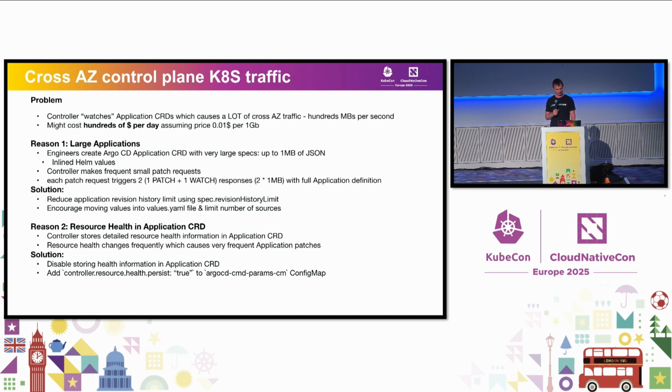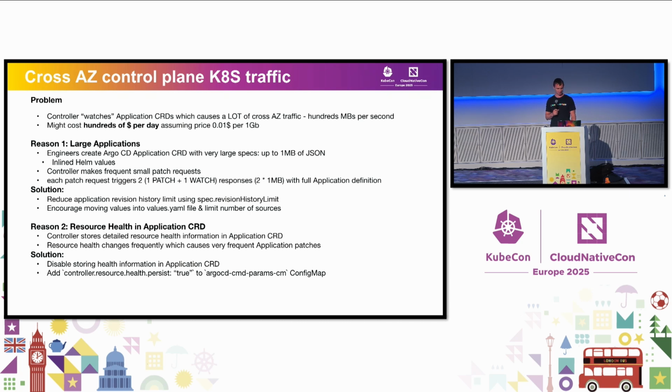We learned from our customers that they just wanted to deploy Helm charts, and the Helm charts were sitting in an OCI registry. So for them, it was very easy to simply inline Helm values into the application spec, which is supported by Argo CD, and they had a lot of values that they had to supply.